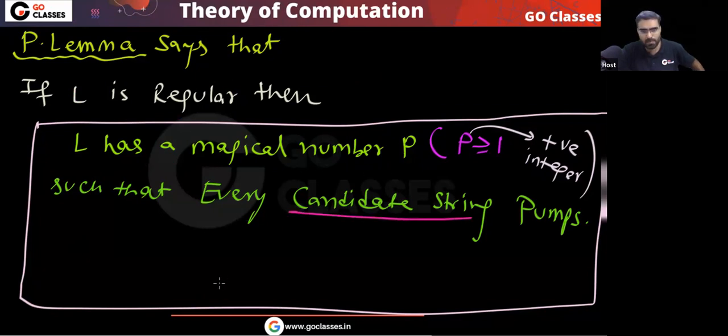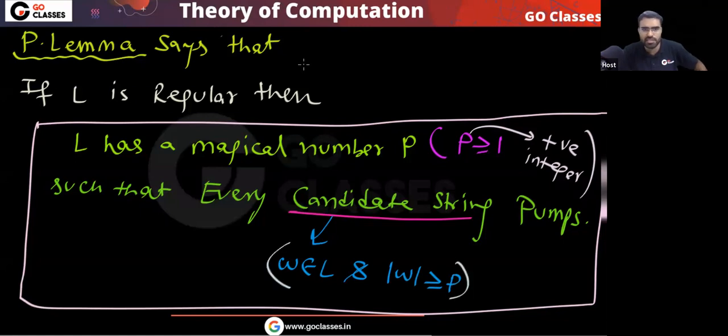Now, can anyone tell me what the candidate strings are? Remember, candidate strings are those strings which belong to L and whose length is greater than or equal to P. Every such string will pump.